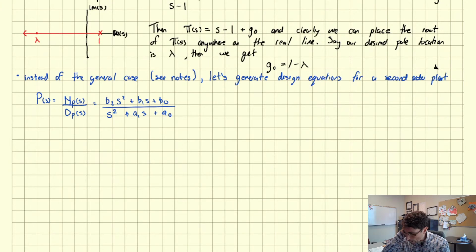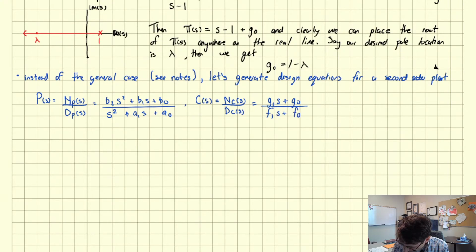Okay, so the theorem above says that if our plant is second order, the controller has to be at least order n minus 1. So I'm going to pick a controller of order n minus 1 to get the unique case. So I'm going to take my controller to be first order in this case.